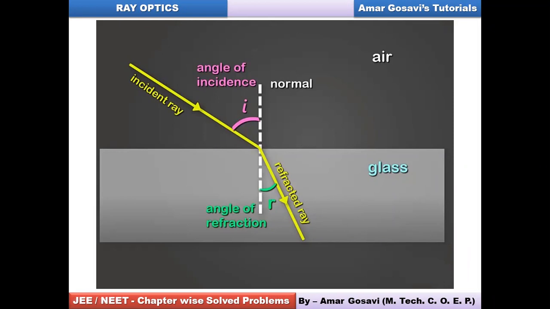So many things are made clear, and we can establish the laws of refraction over here. We all know basically what the laws of refraction are. The incident ray and the refracted ray lie on the opposite sides of the normal. This is the first law. And second, they all lie in the same plane. And the third and foremost important law is Snell's law, which gives you the definition of refractive index.